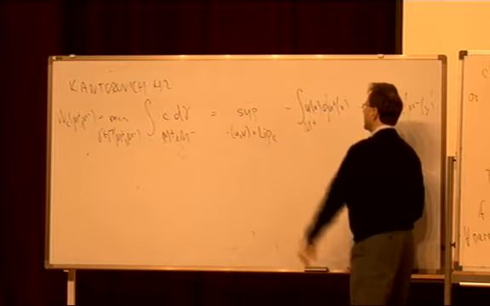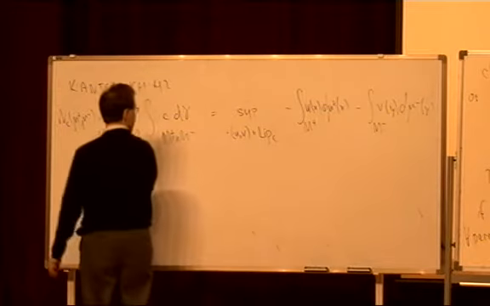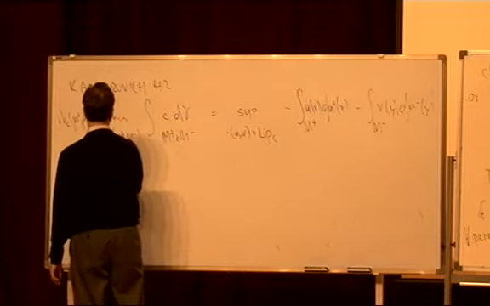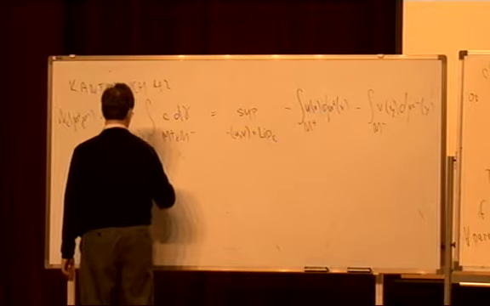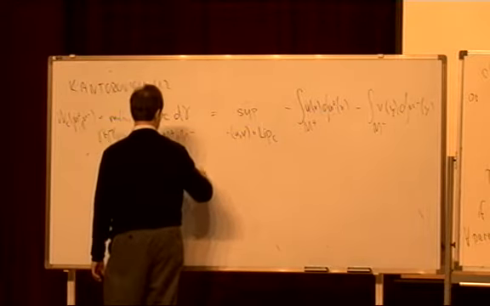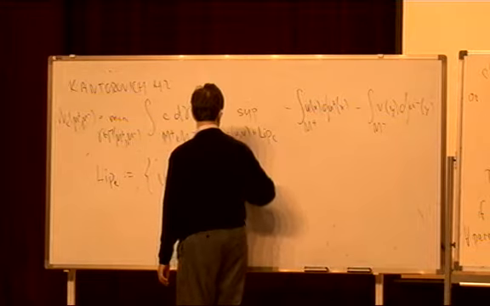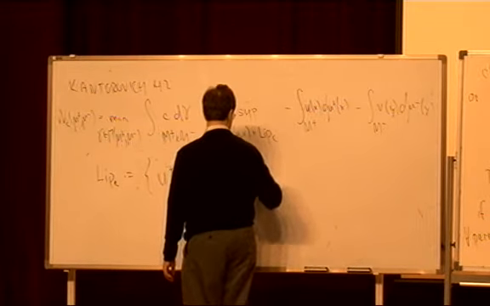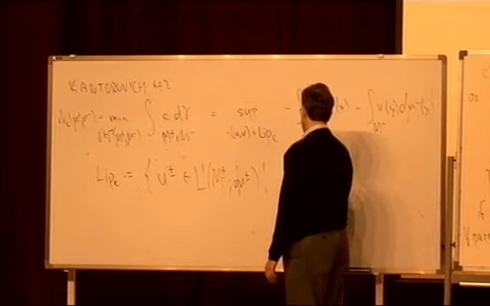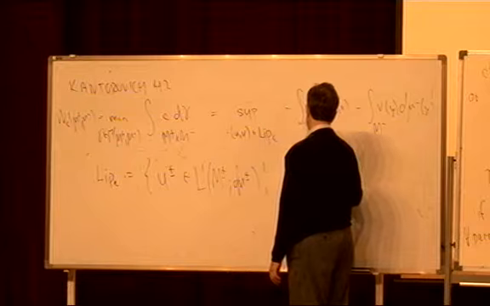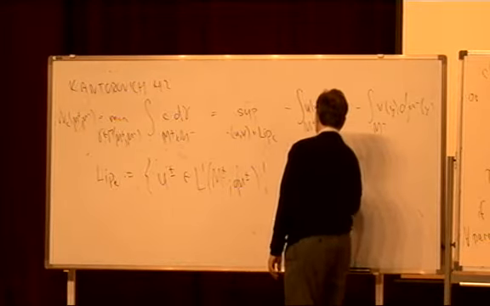And I have to tell you what is the set Lip C. So the set Lip C is, let's say, L1 functions with respect to the measures in question. But the crucial thing about them is they should satisfy the inequality that c of x y is always bigger than u of x plus v of y.